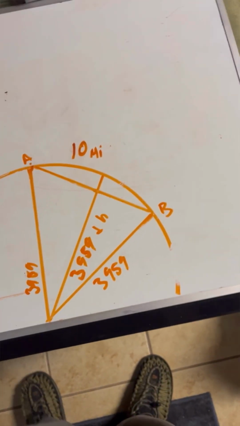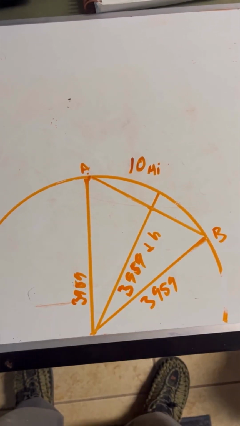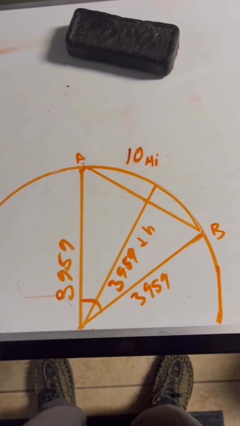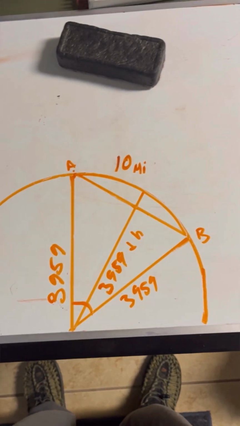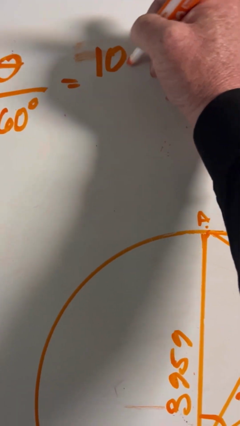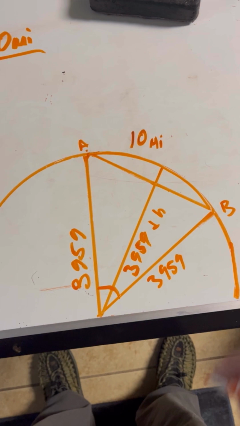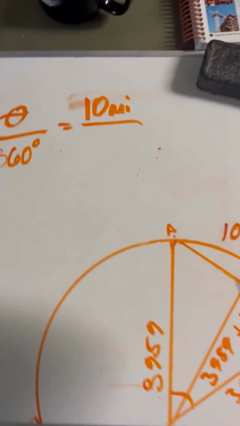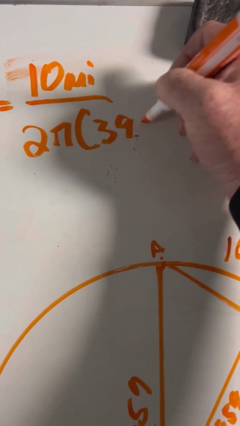The first thing I want to do is create a relationship to get this angle here that we're going to call theta. So I have this distance along the surface of the Earth here of 10 miles. So that's going to go here, 10 miles. And that is out of the entire circumference of the circle, which is going to be 2 times pi times our radius.